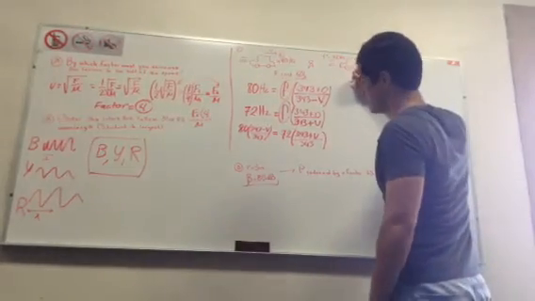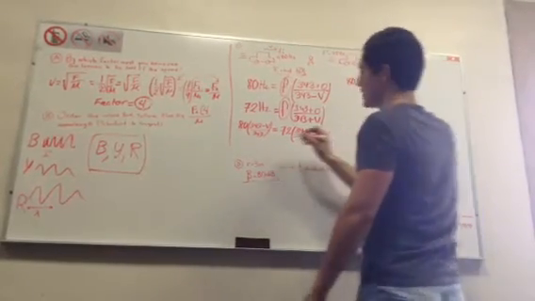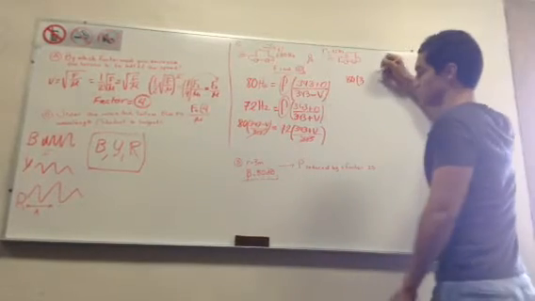And then we have 80 times, this can be cancelled because it's on both sides of the equation.